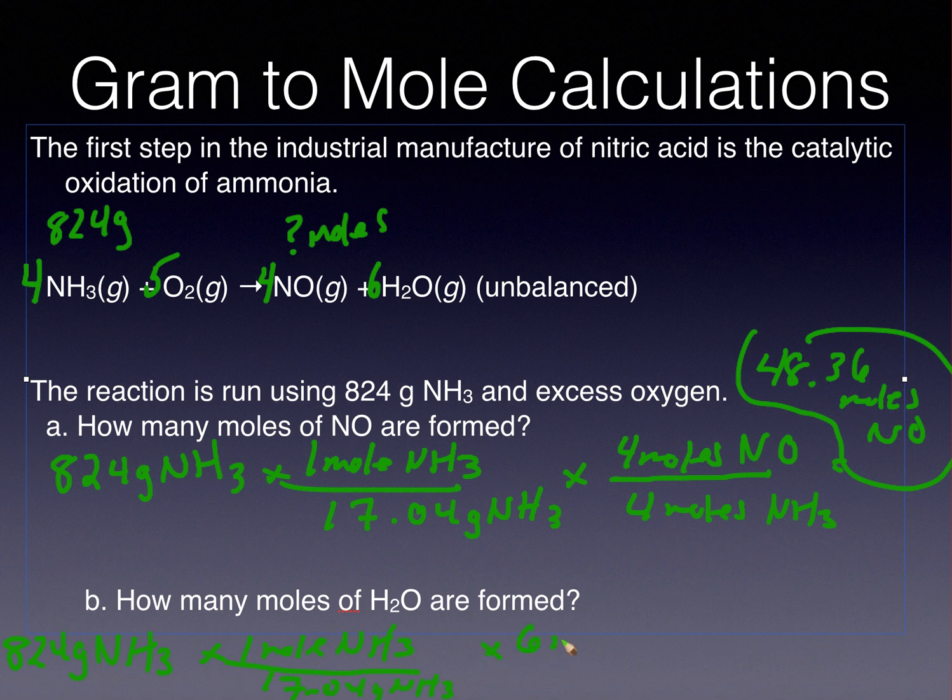So it'll be 6 moles of H2O all over 4 moles of NH3. So 824 divided by 17.04 times 6 divided by 4, and we should get around 72.54 moles of H2O.